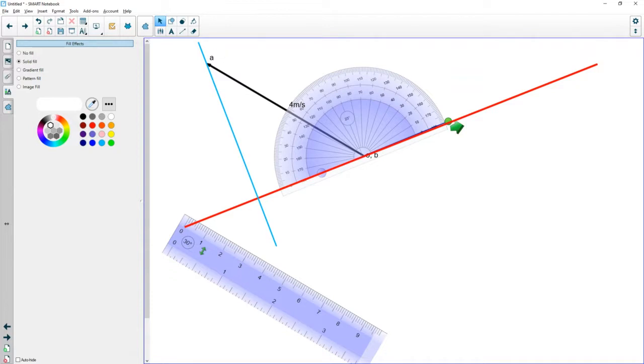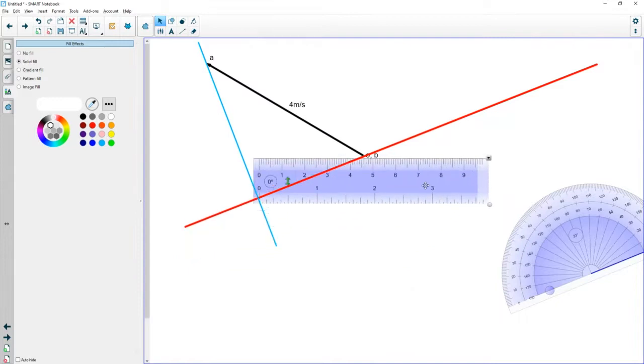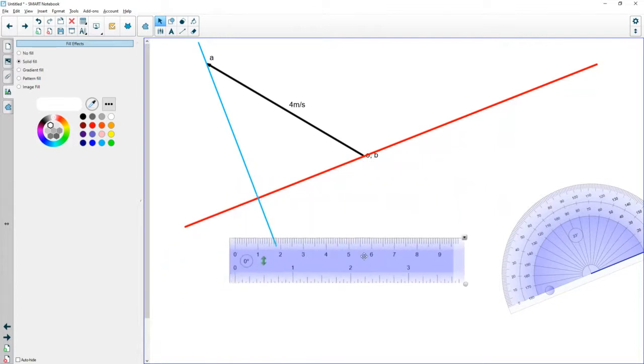I know it's going to be 51.25 degrees because if I take the horizontal line, I'll use my rule to give the horizontal. We know that this angle above the horizontal is 30 and this angle below the horizontal is 21.25.